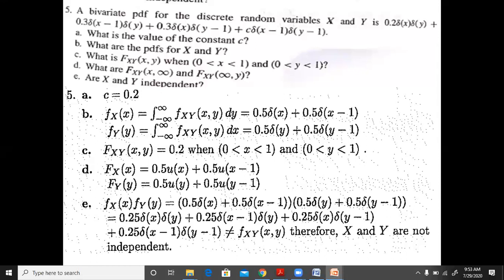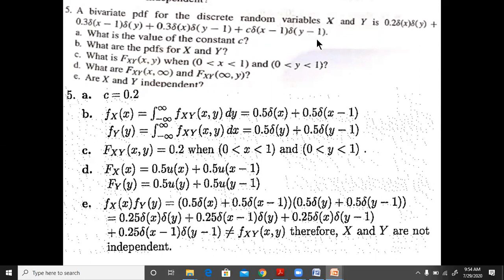Now, what we have taken is the discrete random variable. What is the value of the constant c? So we need to find this.